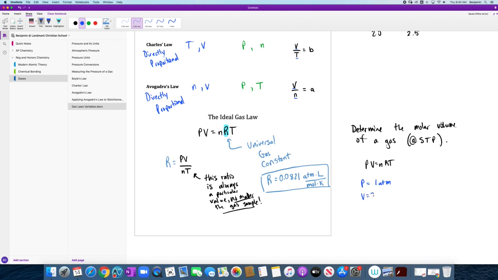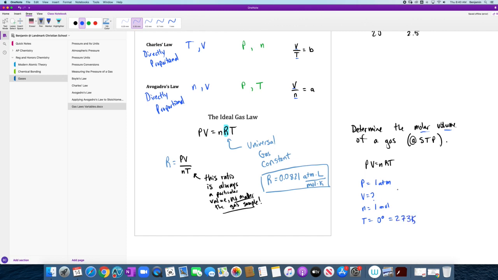Volume we're about to figure out. The number of moles is exactly 1 mole because we're trying to find the molar volume, how much 1 mole occupies. So 1 mole exactly. Temperature, standard temperature is 0 degrees Celsius for gases by definition, which is 273 Kelvin.